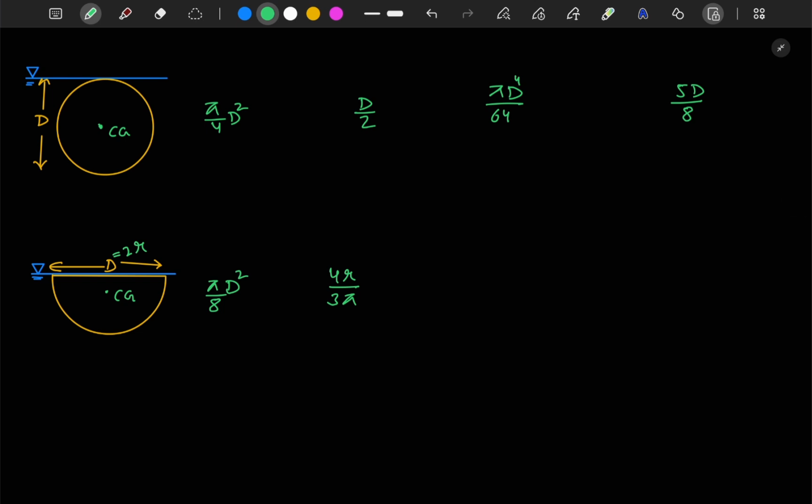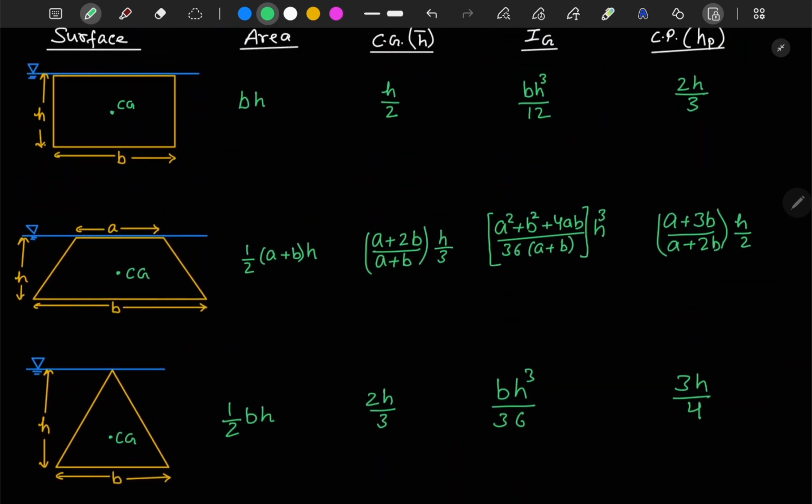The moment of inertia about G will be (pi minus 8 by 9 pi) times d to the power 4 by 16, and the center of pressure will be at 3 pi d upon 32. So these are a few important relations that will be useful in our study.